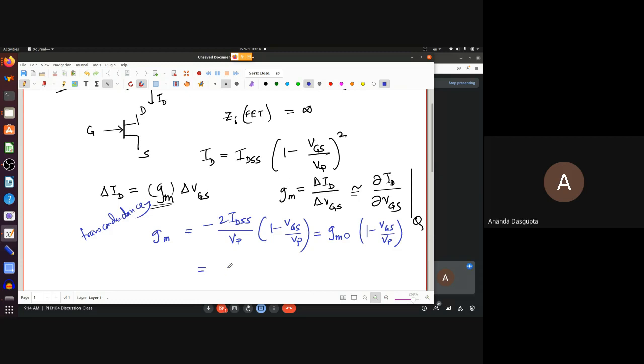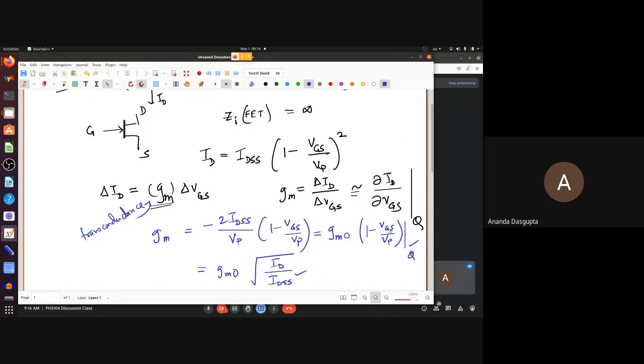Or very often people write this in this form: 1 minus VGS by VP is simply the square root of ID by IDSS. So depending on whether you are focusing on the current ID or on the voltage VGS, you use either this formula or this formula to find out what GM is going to be. These are of course quiescent point values.